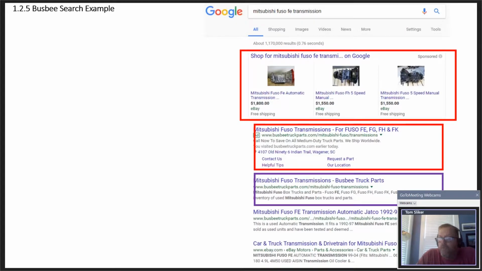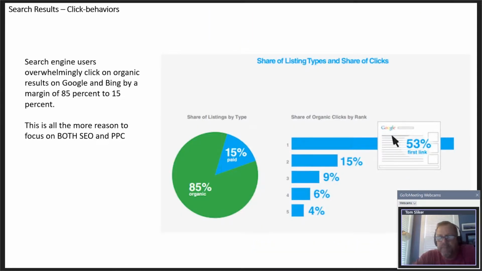One question that has always been very interesting to me is, what are people most likely to click on? Do people click on the top thing, the first thing in front of their eyes? Well, the answer is that 85% of clicks on Google go toward organic results. People have learned to bypass the ads in many cases, unless that ad specifically addresses their needs.